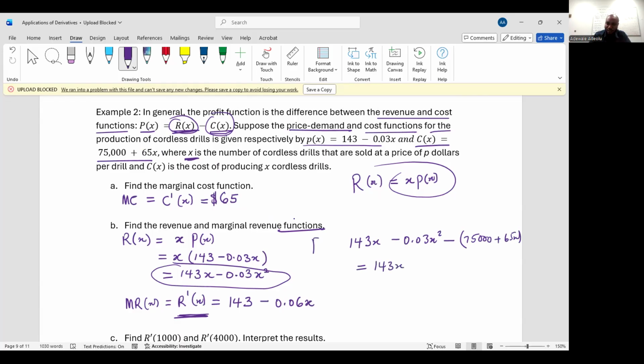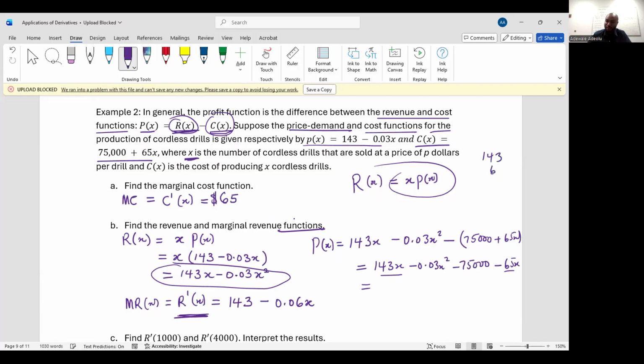So I'll call this the profit function, capital P. So 143X minus 0.03X squared minus 75000 minus 65X. I can combine this and this, so that is 143 minus 65.